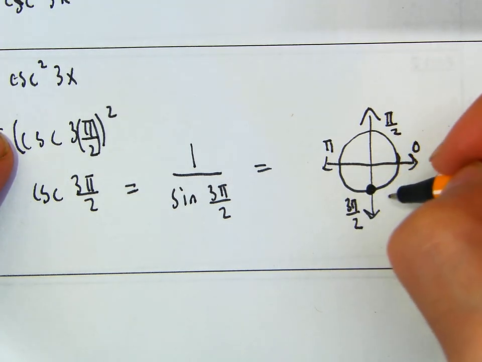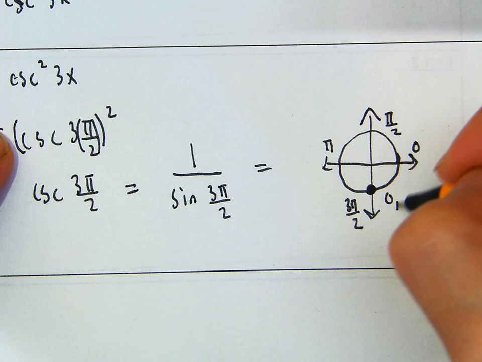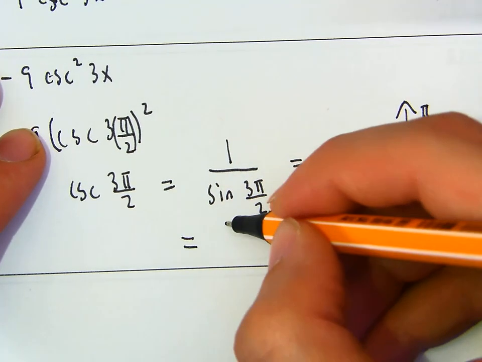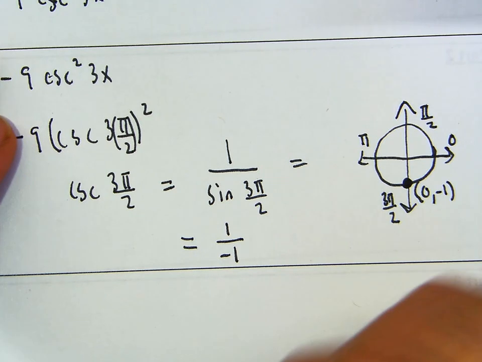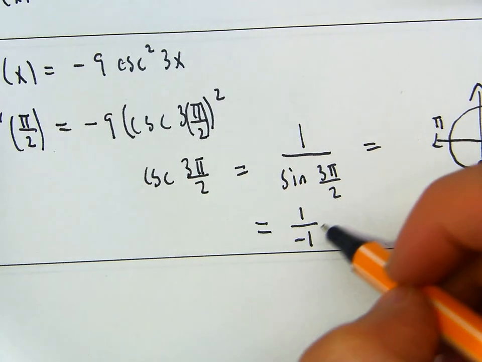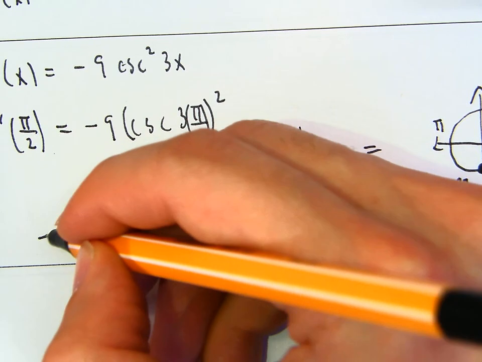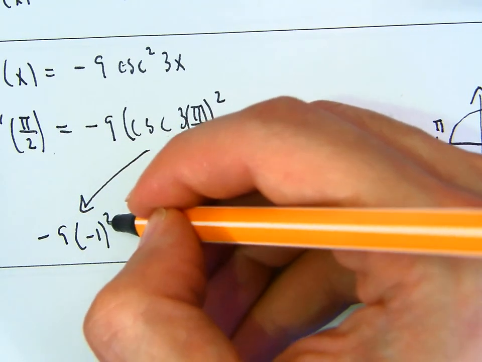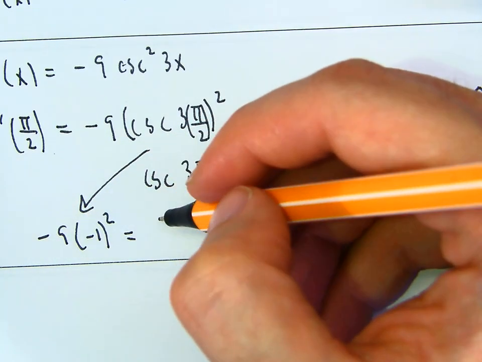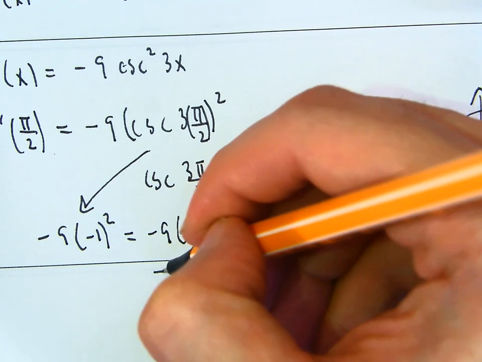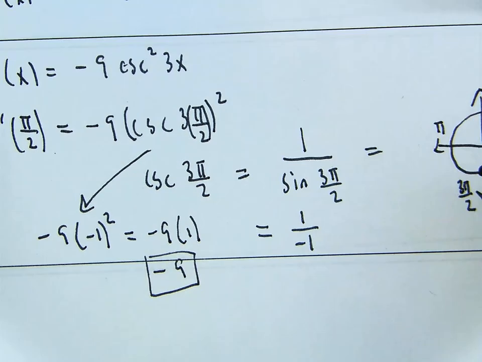This value is 0, negative 1. Sine is the y, so this is really just 1 over negative 1. So it becomes negative 9 times negative 1 squared, which is negative 9 times 1, which is negative 9.